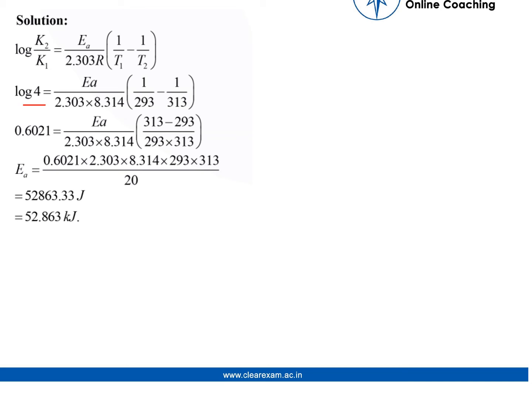Now putting the value of log 4, 0.6021 is equal to Ea upon 2.303 into 8.314 into (313 minus 293) upon (293 into 313).